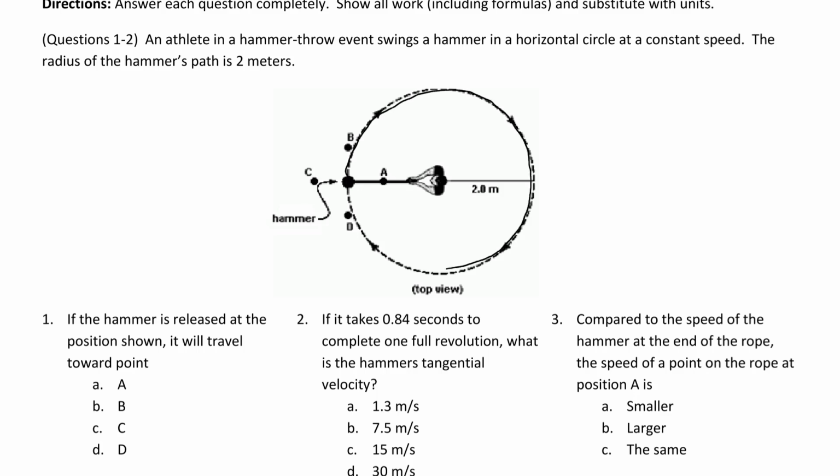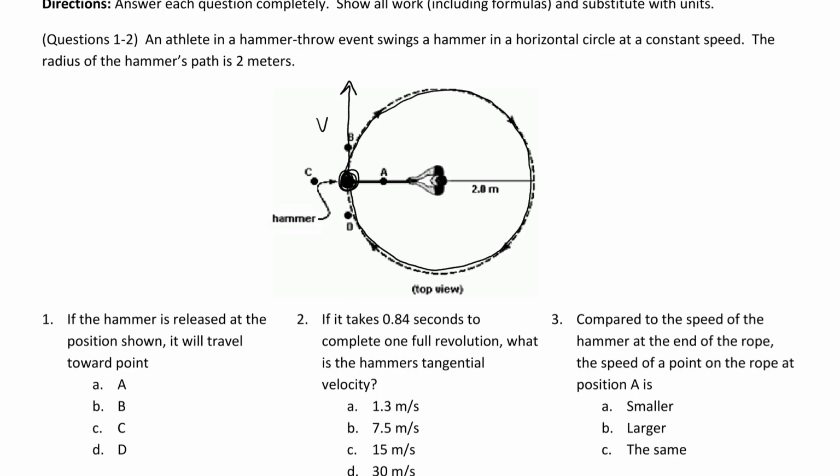As we just talked about, the hammer is moving around in a circular path. It has inertia. If it's released right here, at this instant, the inertia of the object wants to make it continue going in this direction. Its instantaneous velocity vector is pointing towards point B. So the velocity is tangent to the circle, meaning that it only touches the circle at one position.